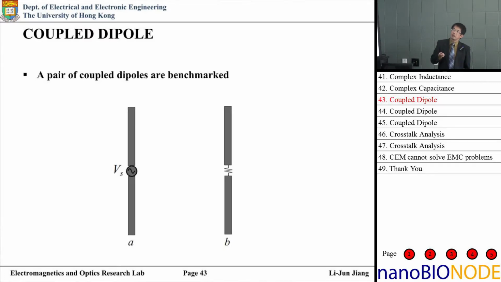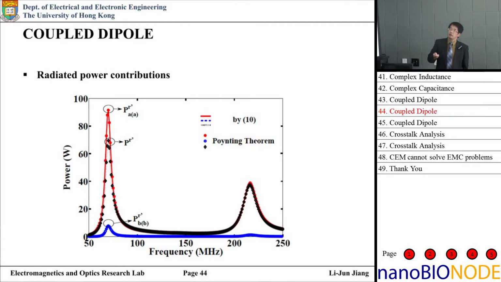Here is one example. We have coupling dipoles, and one is active, one is loaded. And we can get the radiated power of each and the total radiated power. And we also use the Poynting theorem to verify that we were doing the right work. And there are two resonant frequencies.